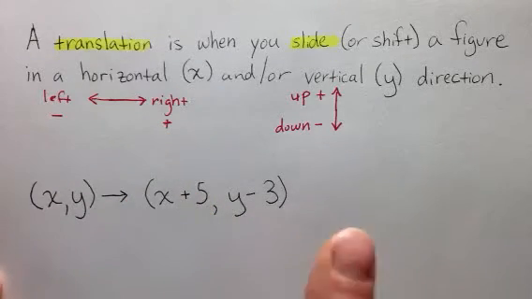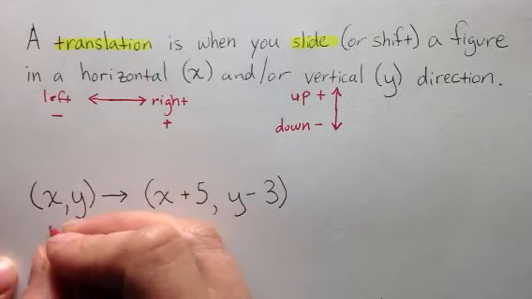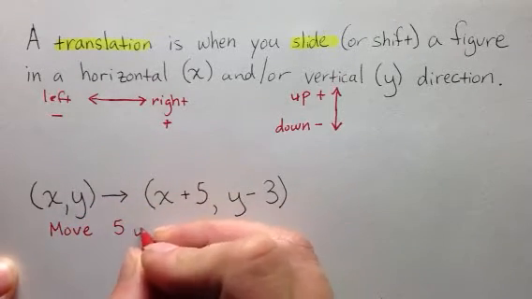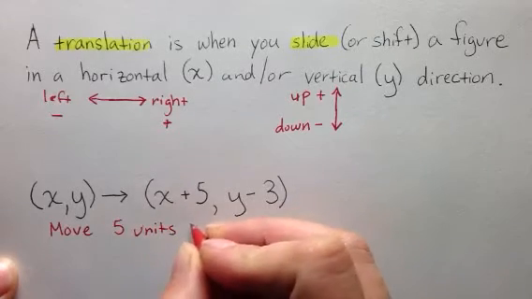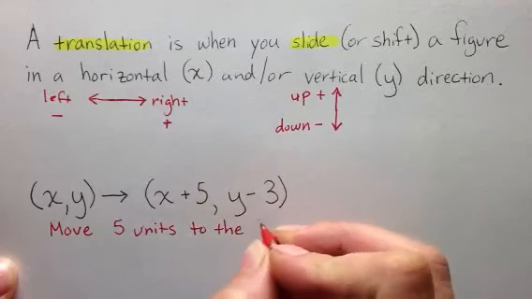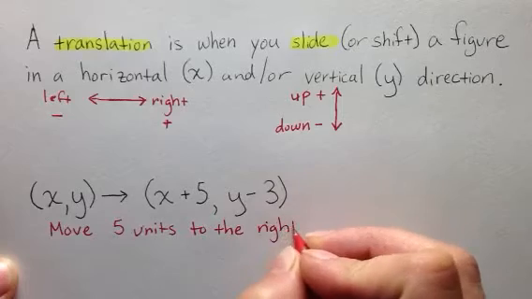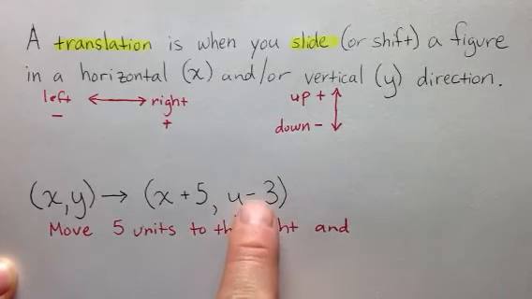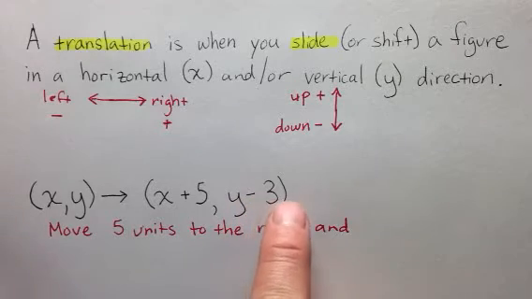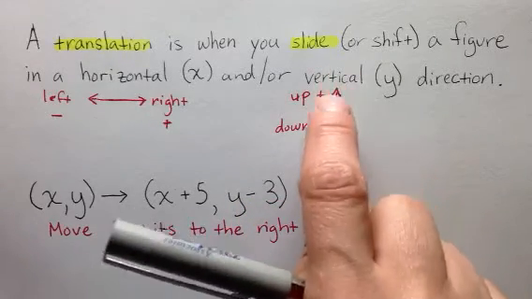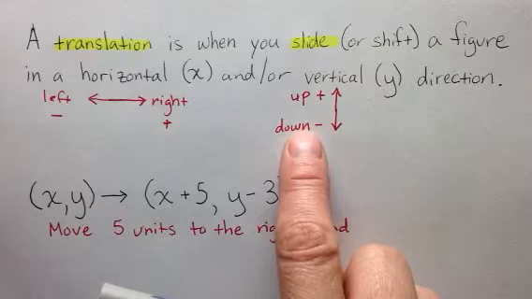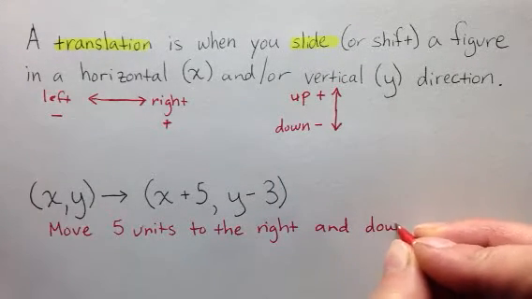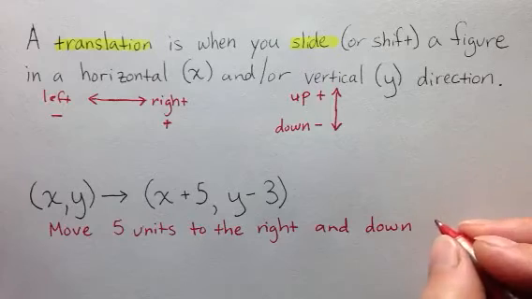So this rule right here is telling you to move 5 units to the right, and in the y direction they want you to subtract 3. So when you're subtracting in the y direction, you're moving down, down 3 units.